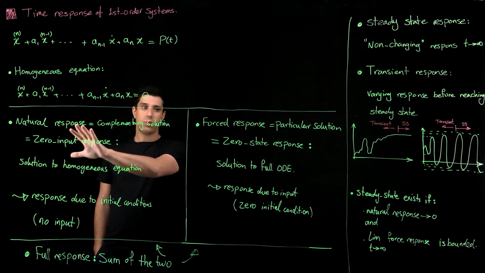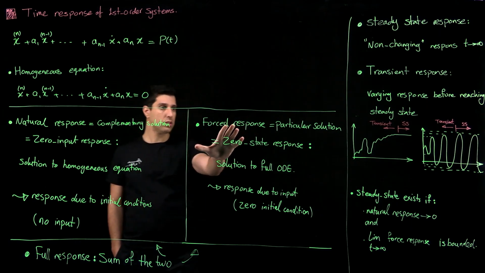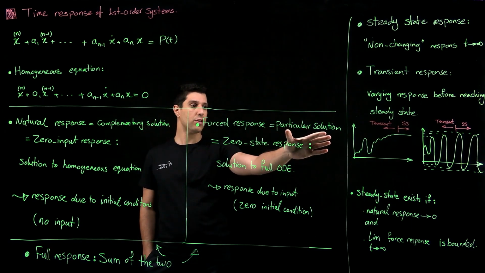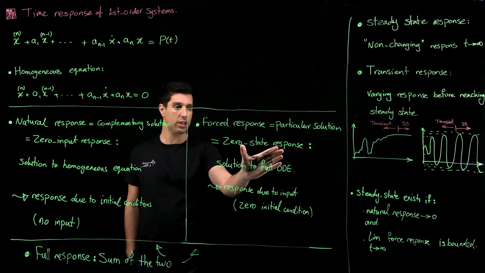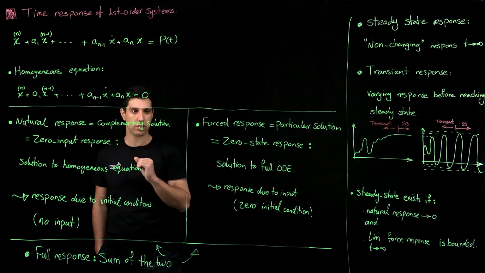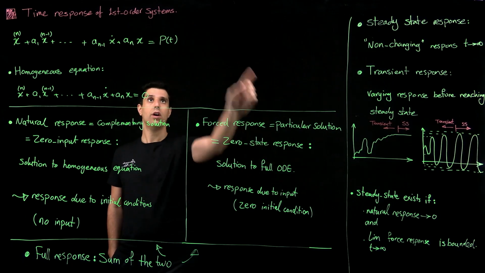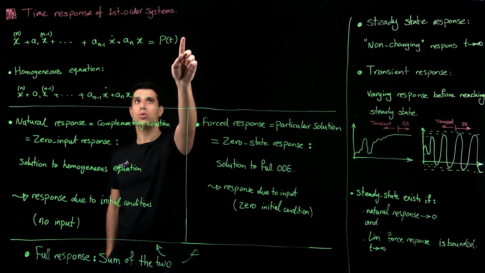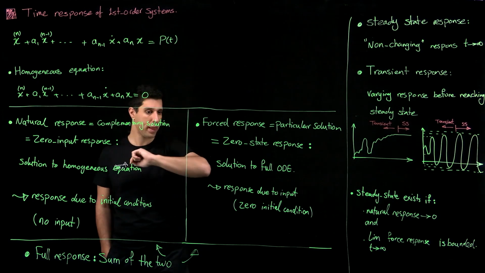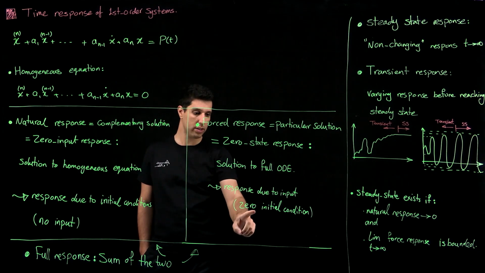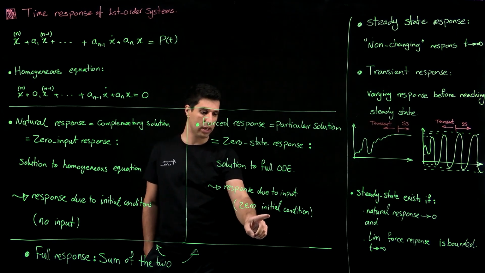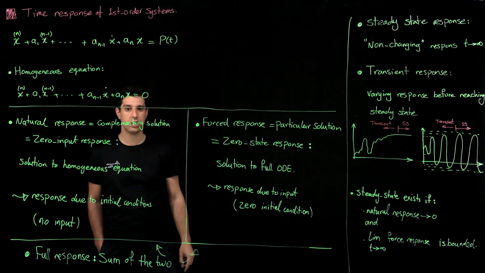Similar to natural response, we have forced response, or in the differential equation, it's usually referred to as the particular solution, or zero state response. And all of them are the solution to this equation, but with the important note here that we assume the initial condition is zero.